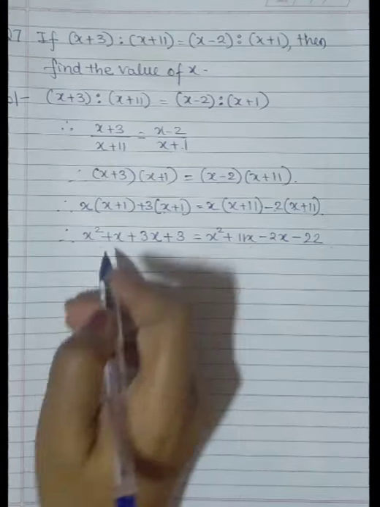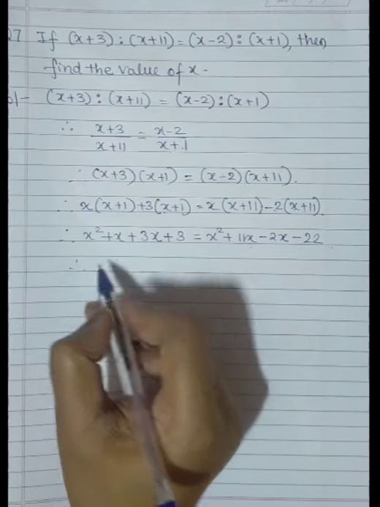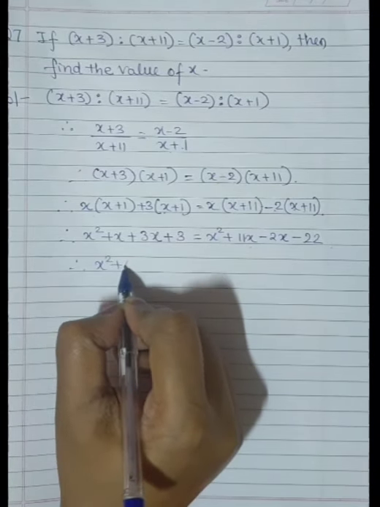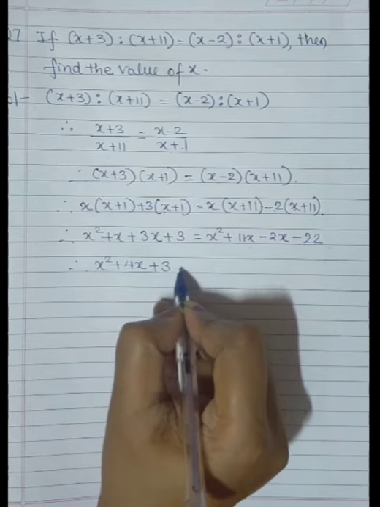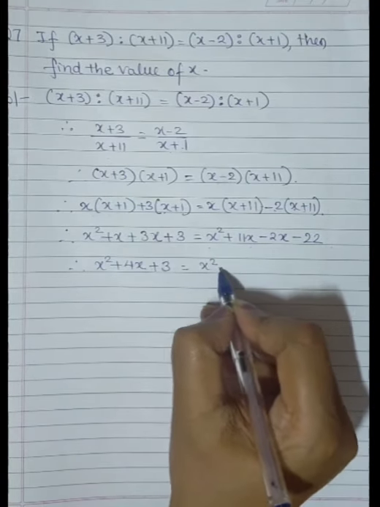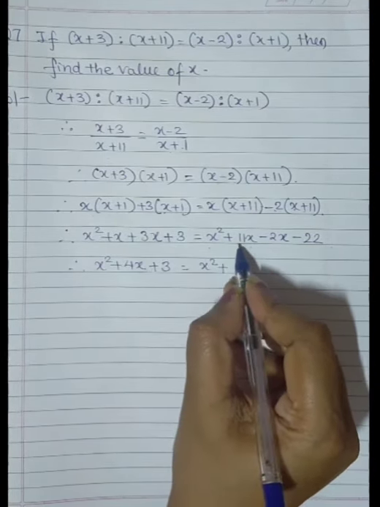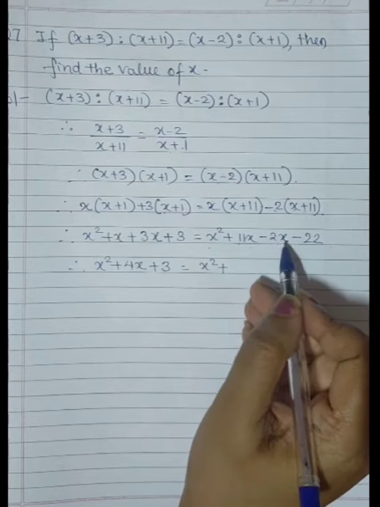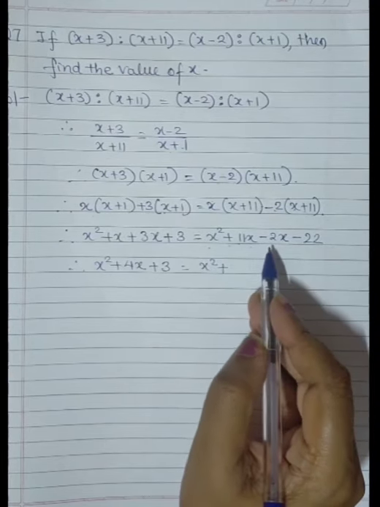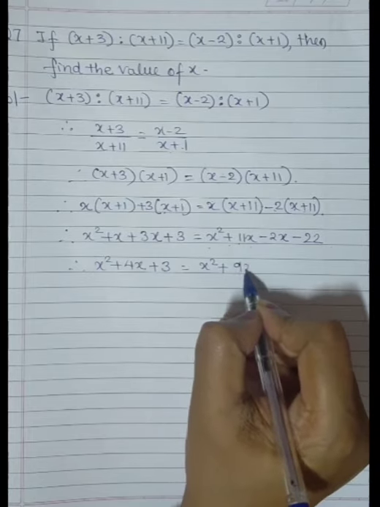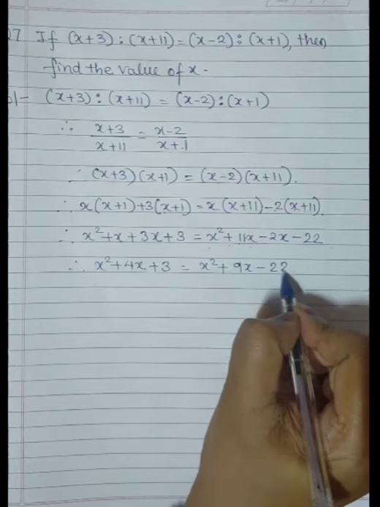Okay, the next step is therefore x square plus 4x plus 3 equal to x square plus 11x minus 2x, which is 9x minus 22 as it is.